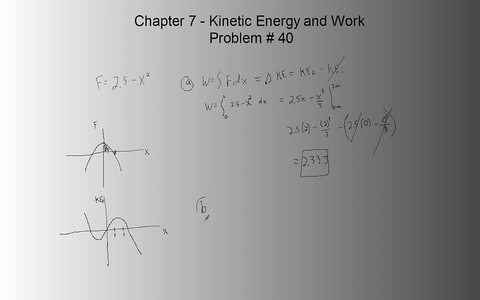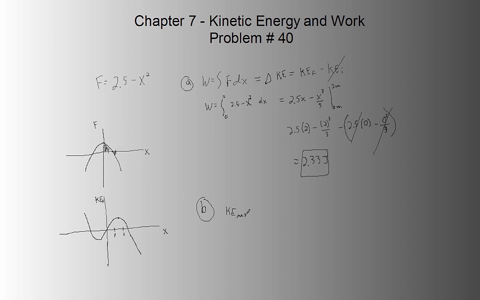Long story short, part B is asking for the maximum kinetic energy. And that is right here, which coincidentally enough is where the force equals 0, because that's where the force changes from the positive direction to the negative direction.